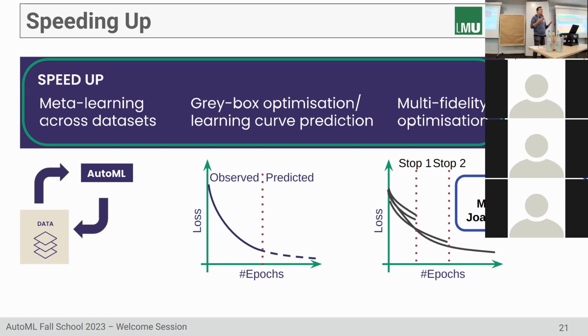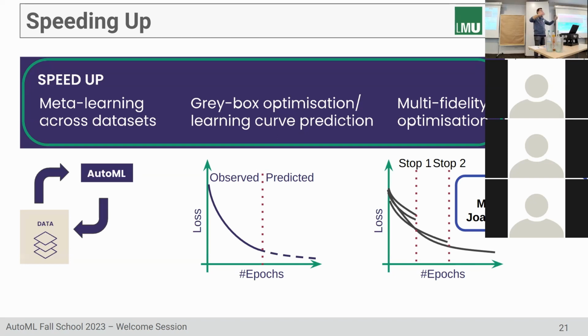For neural networks, this might be the number of epochs which you can use. So the more epochs you give, the higher the performance probably, and the more costly the evaluation will be. And if you already observe in early epochs that this candidate is not worth it, you can already discard. And this is basically what successive halving is doing.